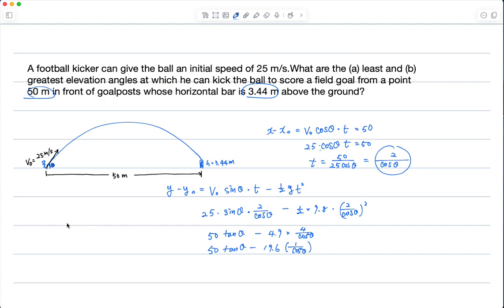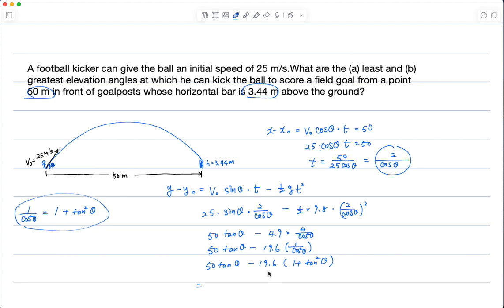But we know the trigonometric identity: 1 over cosine squared theta is equivalent to 1 plus tangent squared theta. So we use that. Going further, this will be 50 tangent theta minus 19.6 times 1 plus tangent squared theta.